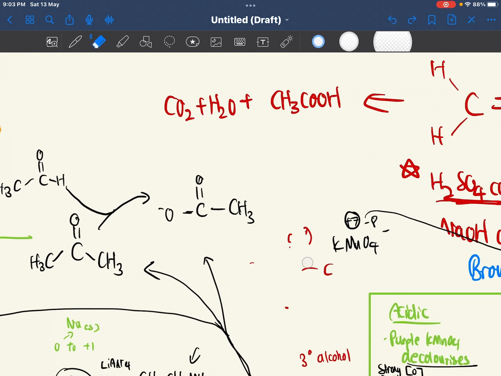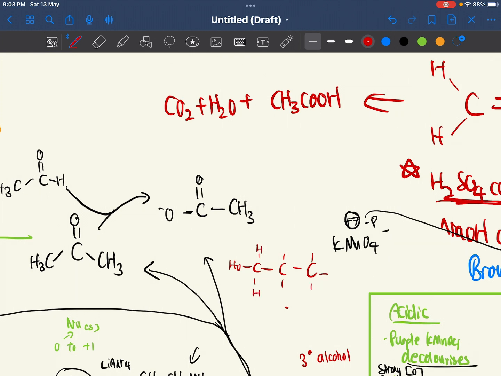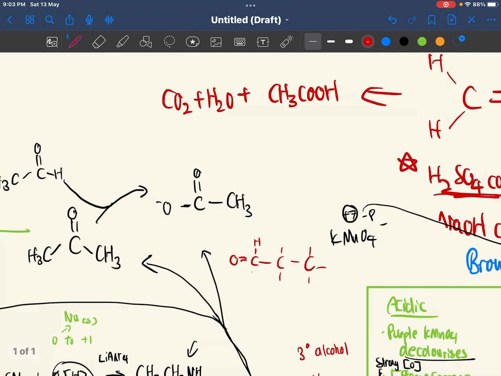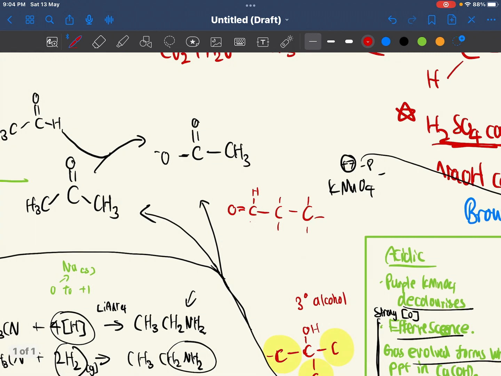Similarly, if you look at a primary alcohol, this compound here, with H and H, and I want to form an aldehyde, I need to do that. So it's an aldehyde.